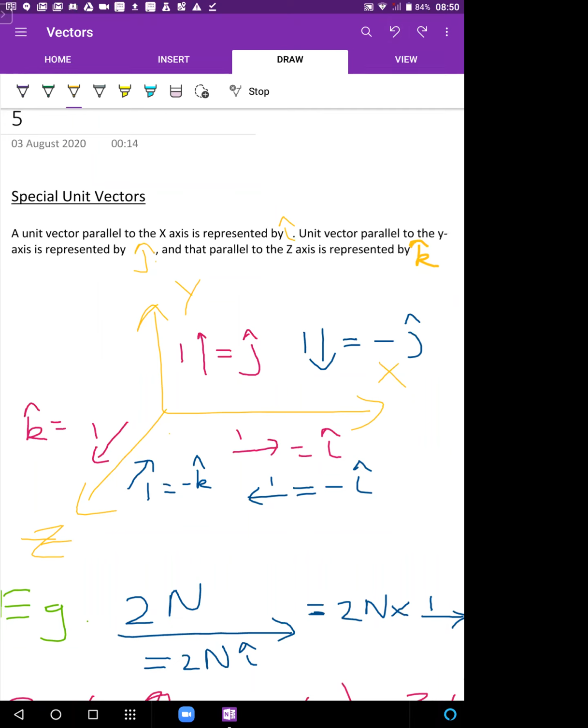And then parallel to the z-axis. This is the most common convention, but sometimes, depending on the limitations of whoever's printing, they can end up putting the dot as well. It depends on how they format the text.